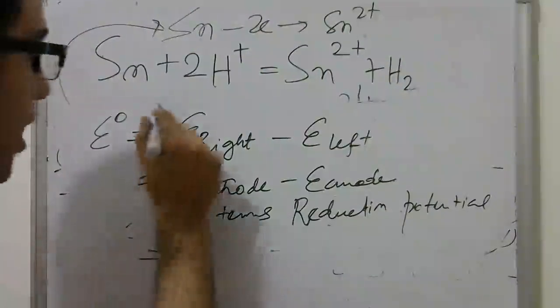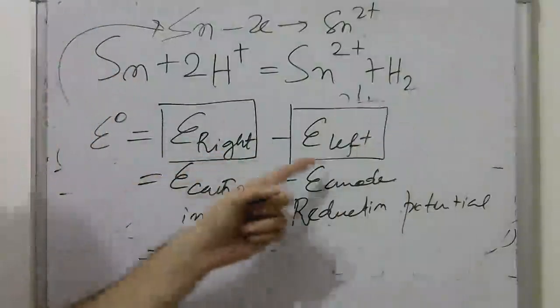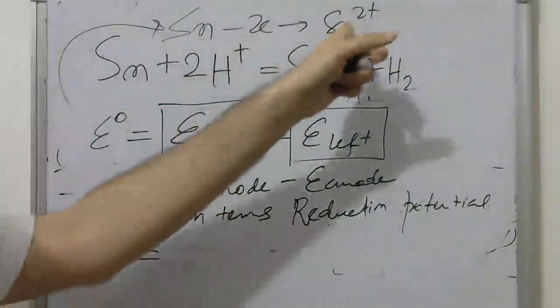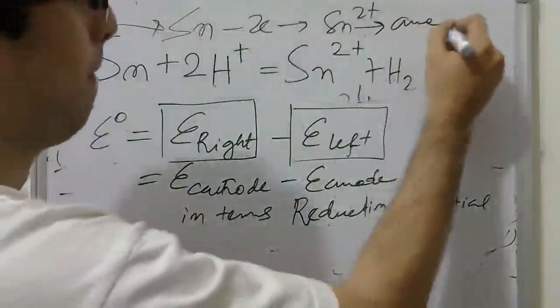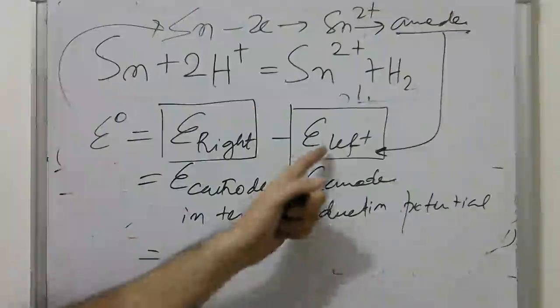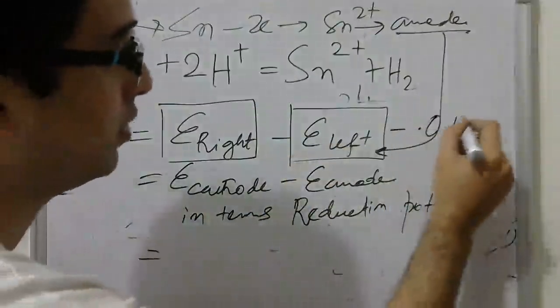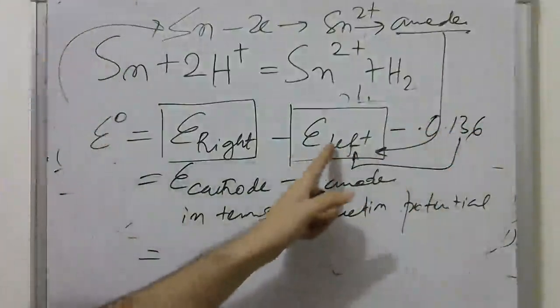So for this half cell, again you need to determine which is right and which is left. Be very careful. This is an anodic reaction, so it occurs at the left. Whatever value has been given, minus 0.136, is the E left, the half cell.